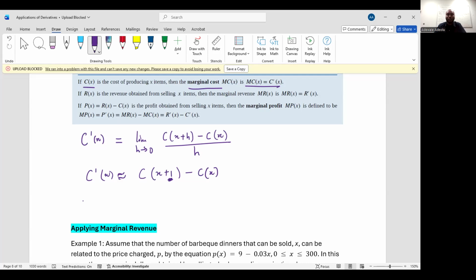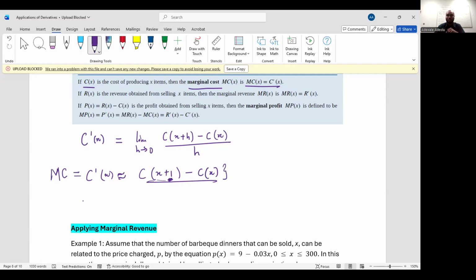So calculus can also help us to figure that out. In that sense, we call these marginal costs. So marginal cost is the derivative of the cost function, which is expressed this way. I hope that makes sense.